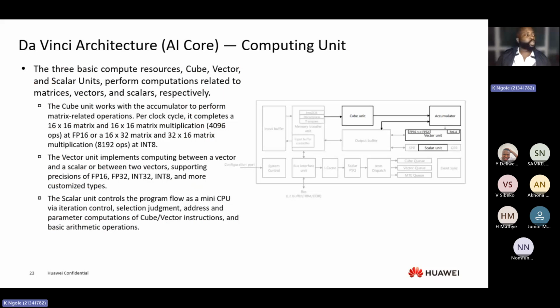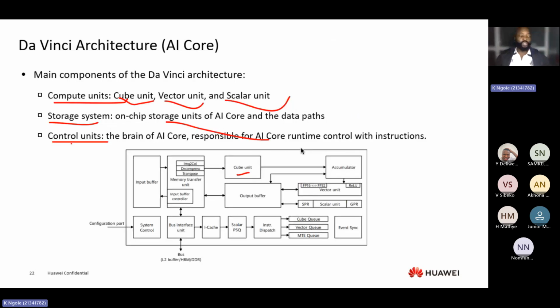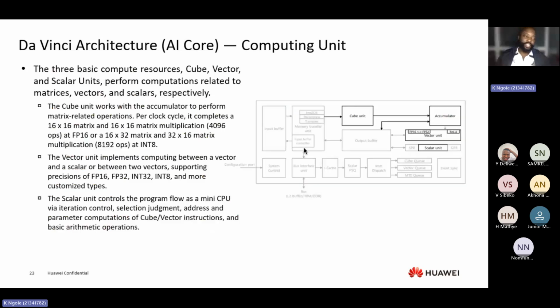Remember, the compute unit will have a cube unit, a vector unit, and a scalar unit. That will depend on what type of operation the machine is doing. Then it decides which unit is being used. For example, the cube unit will work with the accumulator to perform matrix-related operations.